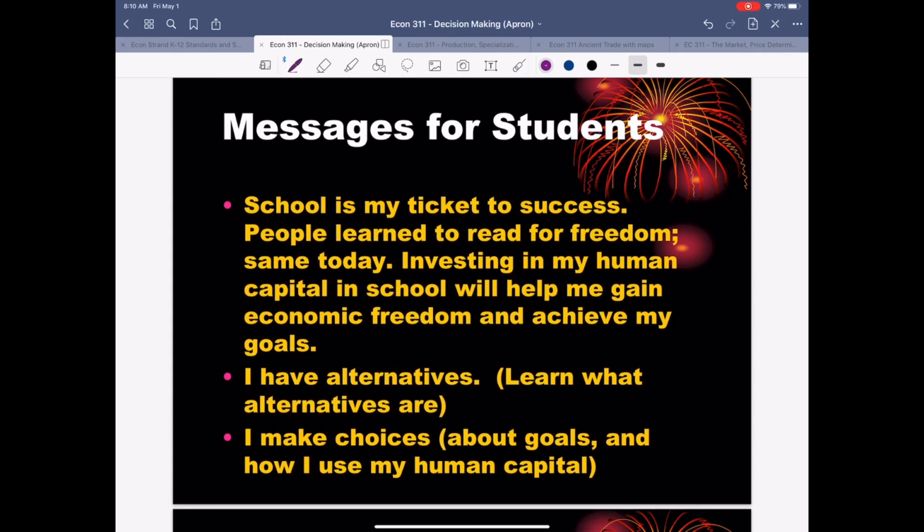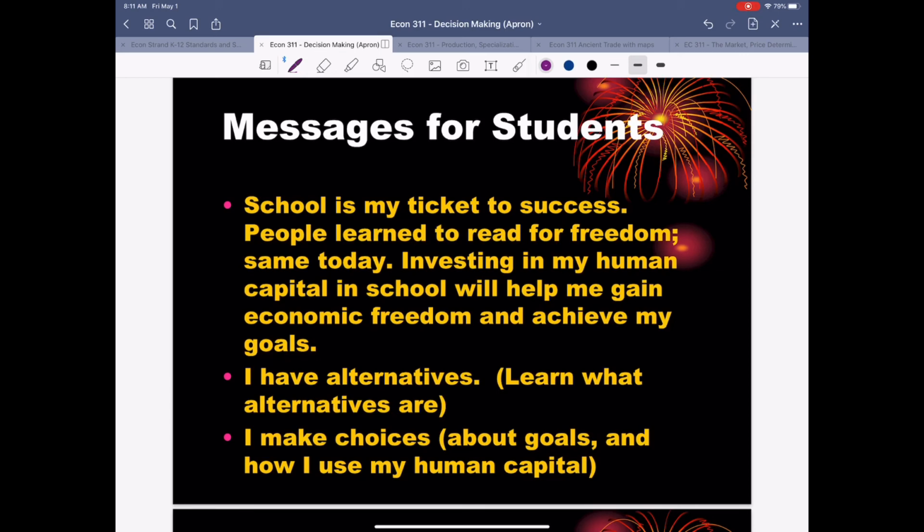Some more messages for students. We want to make sure they understand that school is their ticket to success, that through our stories we've learned that people learn to read for freedom, and the same is true today. There are lots of great examples of even modern day characters and people that are all around them that have learned to read in order to achieve a certain level of freedom.